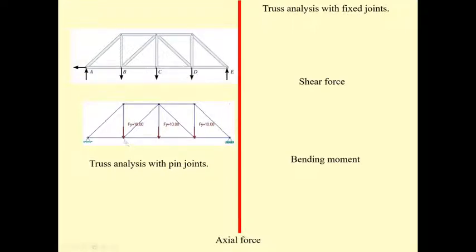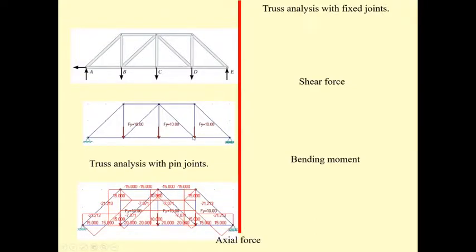With the force acting on the truss with pin joints, the forces in the truss members are going to be in tension or compression, because this way the truss members are two-force members.